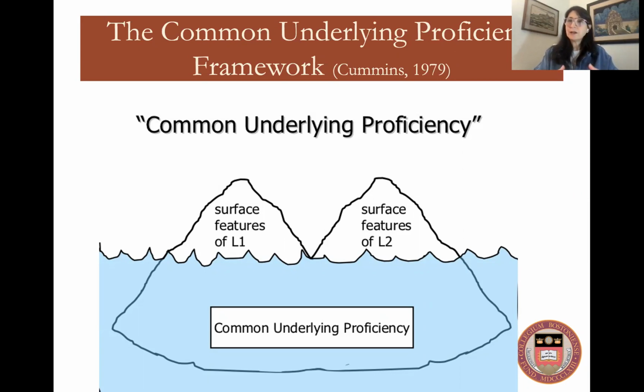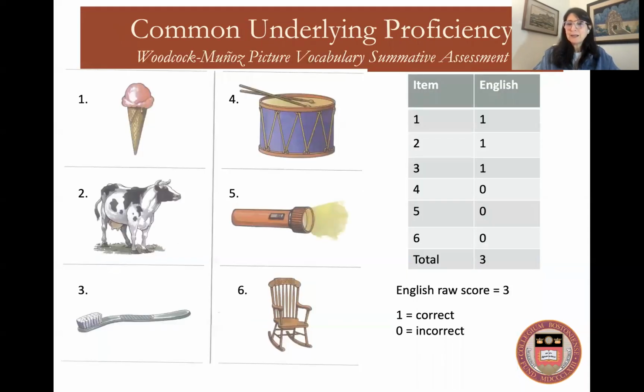This implies that there's a common underlying proficiency in concepts and understandings of language in general, and then that you can know what's in there in the common understandings based on the languages as you assess in different languages. So this framework is a bit more accurate with the reality of this bilingual, comprehensive repertoire of linguistic background and understandings. But as you can see here, they would test first in English and then in Spanish and get two different raw scores. And then the student would get two different scores.